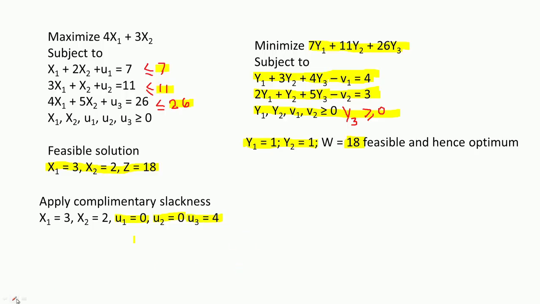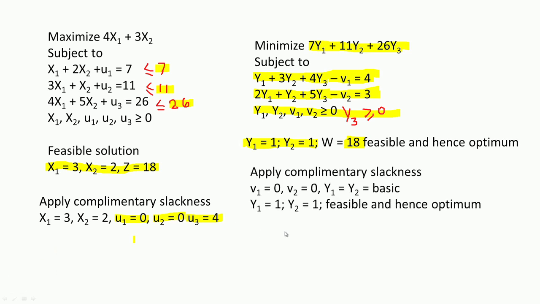So let us go back and see what happens when we apply the complementary slackness conditions. What I mentioned happens, because x1 is equal to 3, we will have v1 is equal to 0. Because x2 is equal to 2, we will have v2 is equal to 0. Because u3 equal to 4, we will also have y3 is equal to 0. So let me write that here.